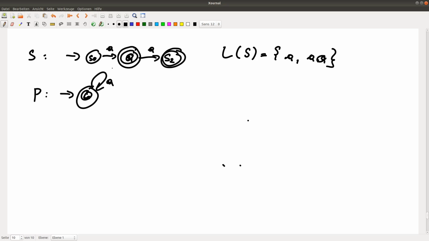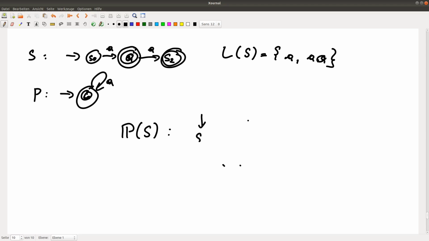So here we have an automaton S, which is deterministic, but unfortunately it's not complete, so we cannot do the complement of it directly, so we quickly have to do the power automaton of S in order to make it deterministic and complete.